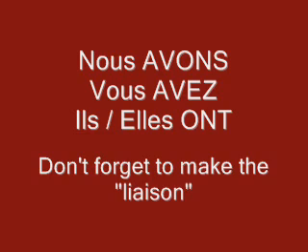Again, nous avons, vous avez, ils ont, elles ont. The z sound that you hear, I'm making this connection between nous and avons, between vous and avez, between ils with an s at the end and ont. And the z sound is called liaison.